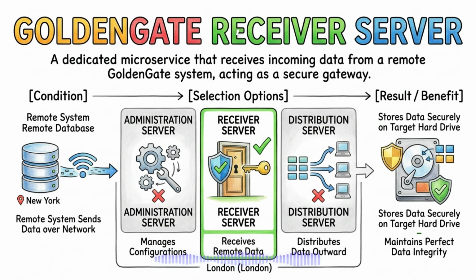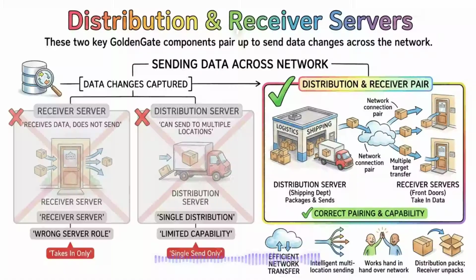The receiver server in London acts as the secure front door, accepting the incoming data and safely storing it on the hard drive. It ensures that the incoming data is exactly what was sent, maintaining perfect data integrity across the network.